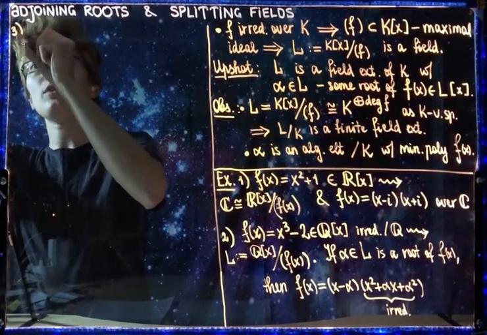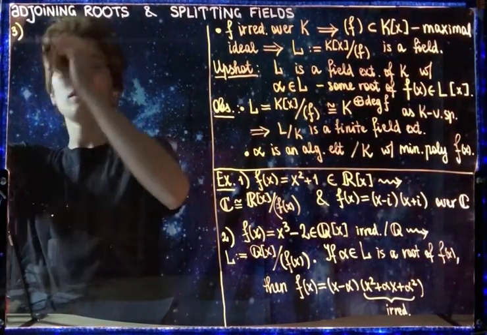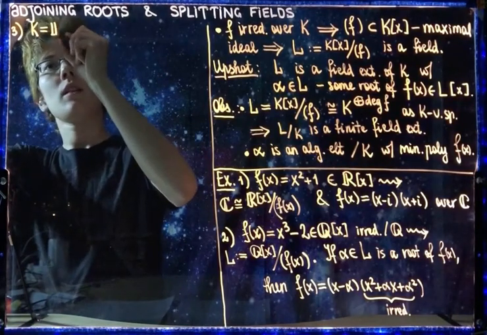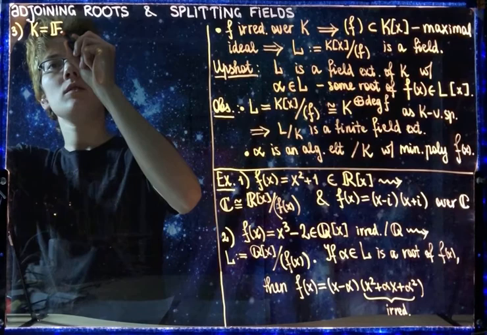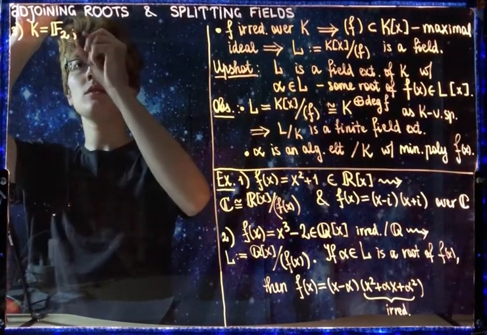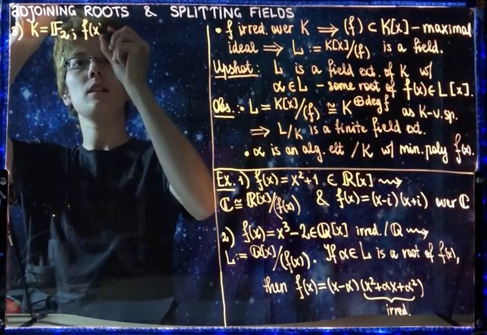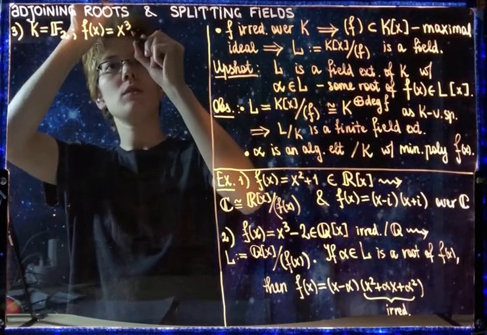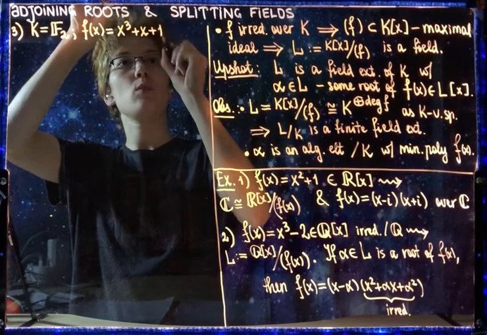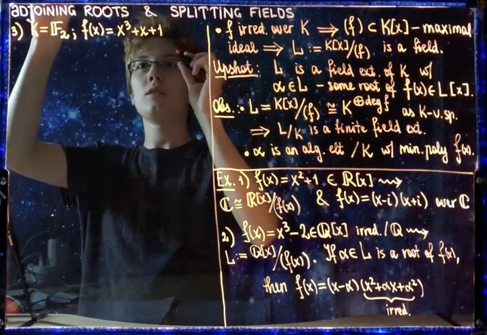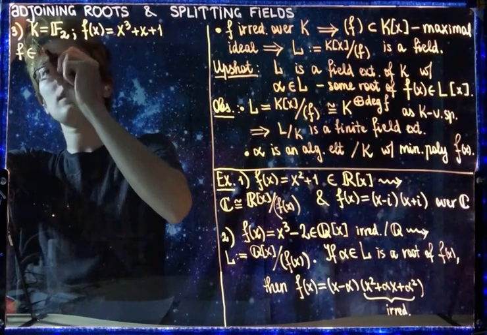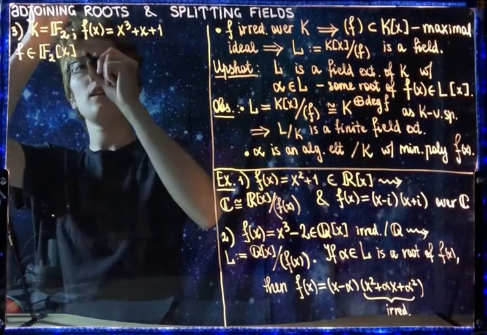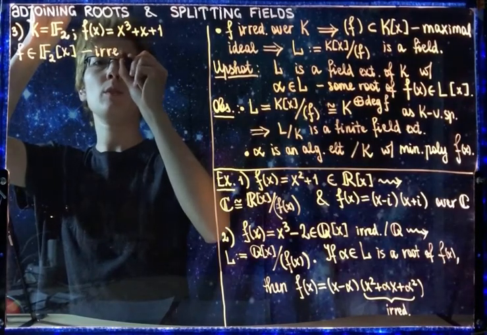And the last example, I consider the base field K to be the field with two elements, and I take f of x to be equal to x cubed plus x plus 1. So f of x is an element of F2 adjoin x, and it is an irreducible monic polynomial.